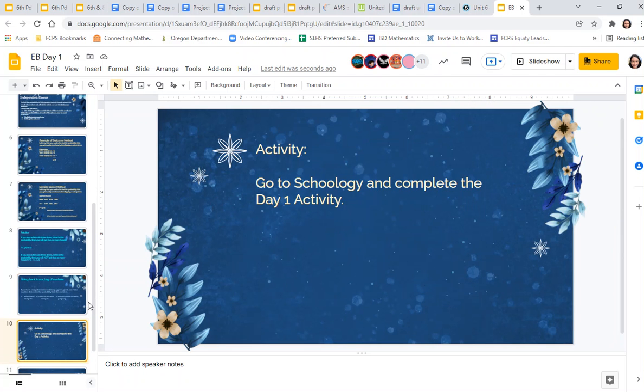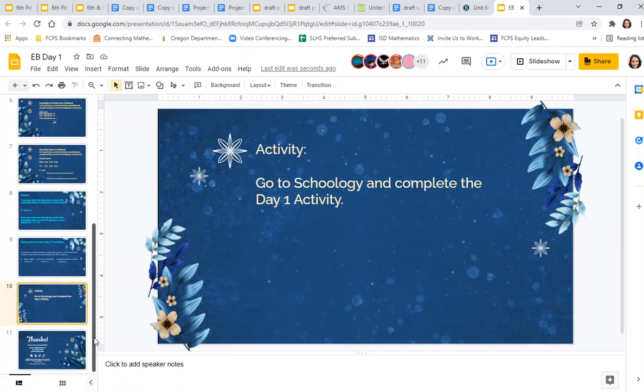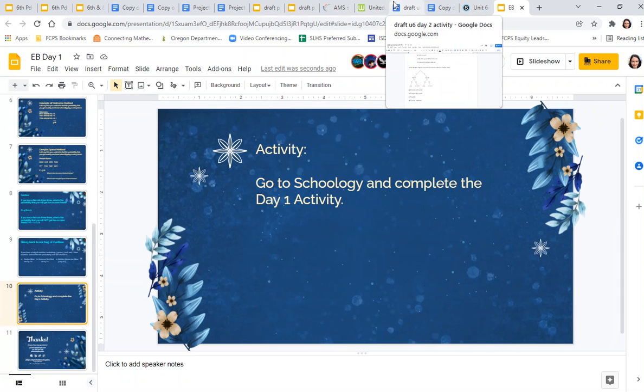So we have an activity in Schoology, and I'm going to have you guys go to that. In that one, you're going to be doing both theoretical and experimental probabilities. So theoretical is what we were doing just now, and experimental is when you actually try it yourself. Now, if you do not feel comfortable using shared equipment, then there is a simulator online, and that should be linked in your document.